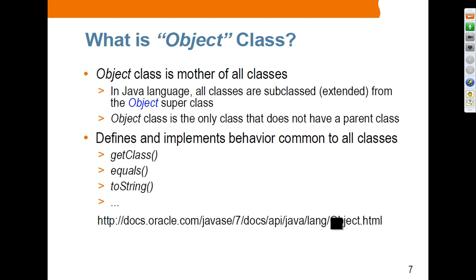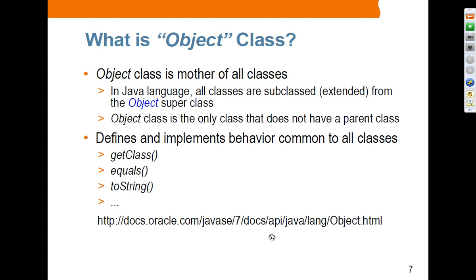In fact, the object class is the only class that does not have a parent class in Java. The object class has a set of properties and methods that are inherited by all child classes, for example the getClass method, equals method, or toString method.